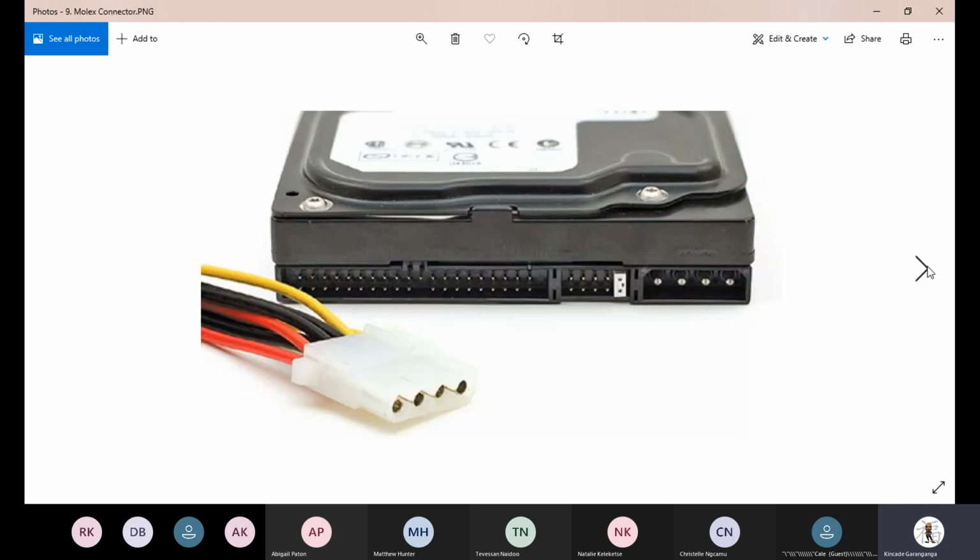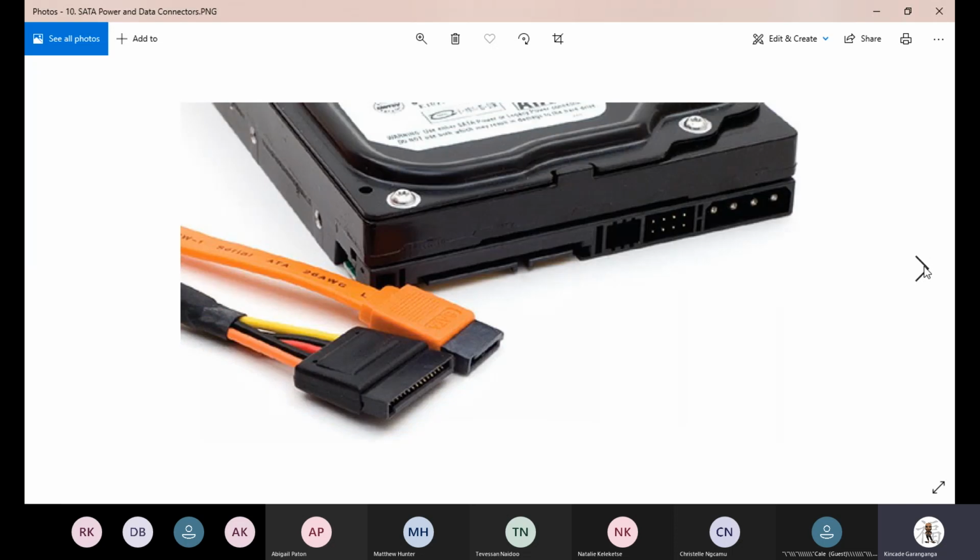If you want to look at what SATA looks like, that's an image of your SATA power and data connectors. You are already familiar with SATA power from the power supply environment. The orange cable in that image is the one associated with data.